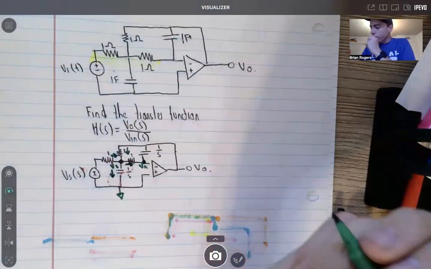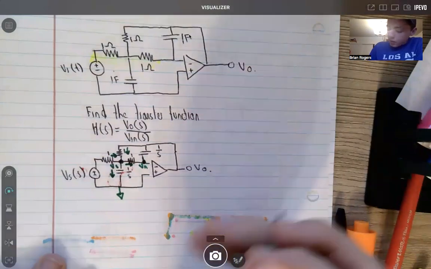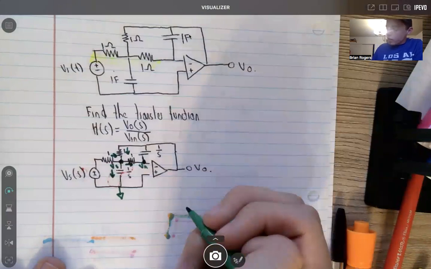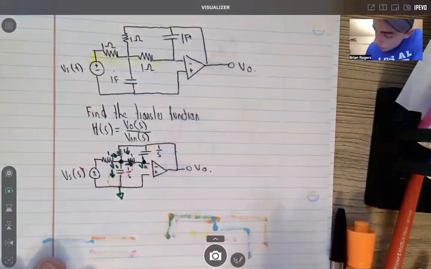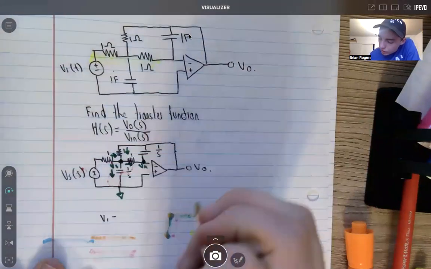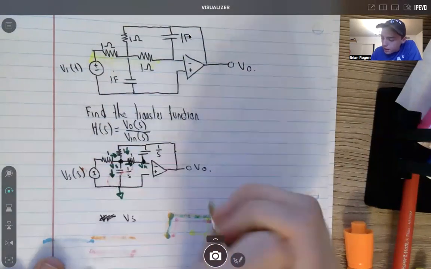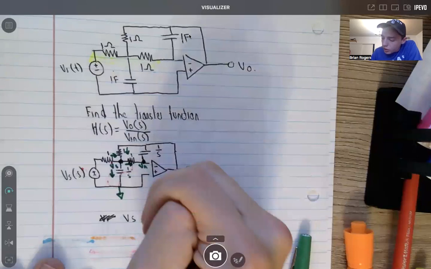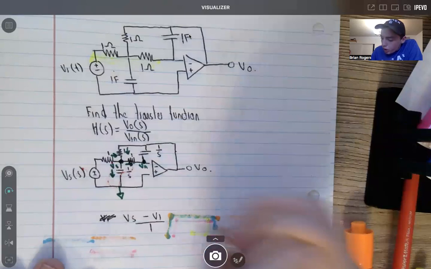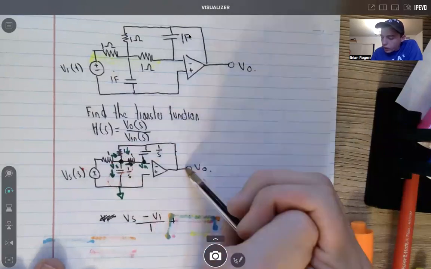And so for our V1, what it's going to look like is V1 minus, or sorry, where's this arrow starting? It's starting from Vs actually. V of S, and then minus V1 all over 1 ohm. Plus, what else is coming into the node? This one right here, which is V out, it starts at that arrow and goes to V1.